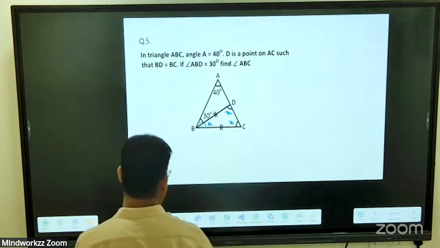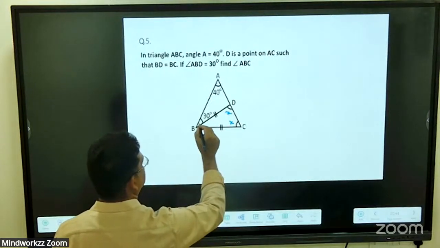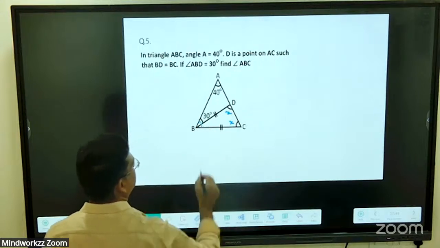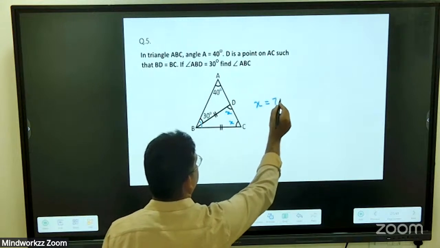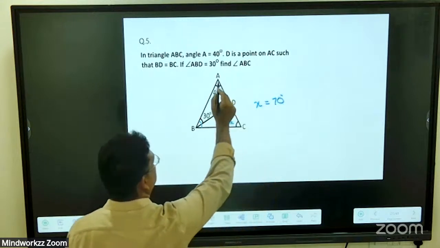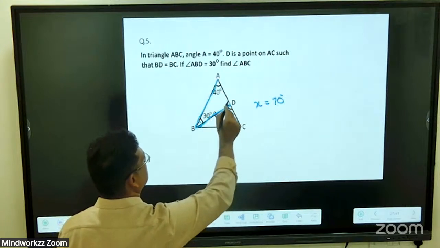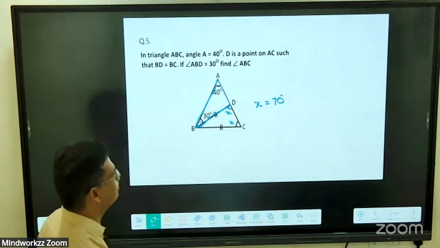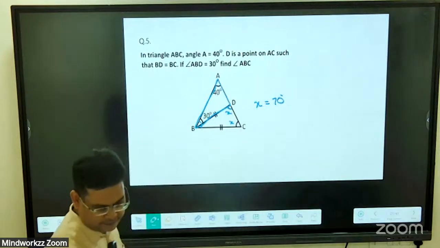Or you need not use A unnecessarily, you will be confused. You need this angle, right? So x will be what? Can I say x is equal to 70 degrees? Consider this triangle. This is an exterior angle to the above triangle. So this will be 40 plus 30. X is equal to 70 degrees.